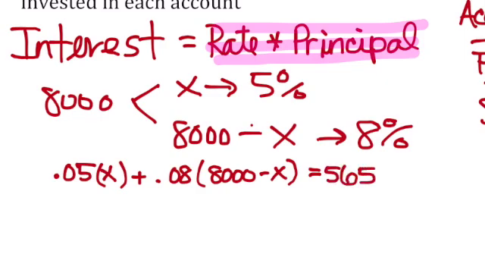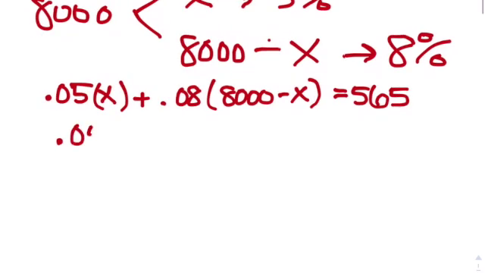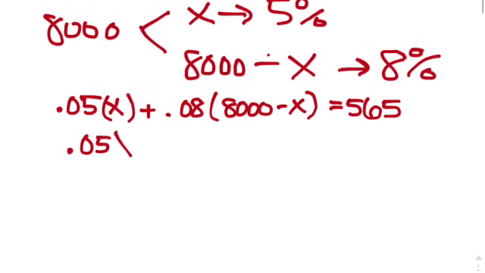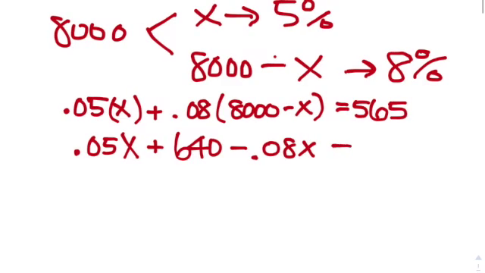And what we're going to do is we're going to solve it. That's all. And then to solve that, that's going to be 0.05x plus 640 minus 0.08x, and that's going to equal 565.